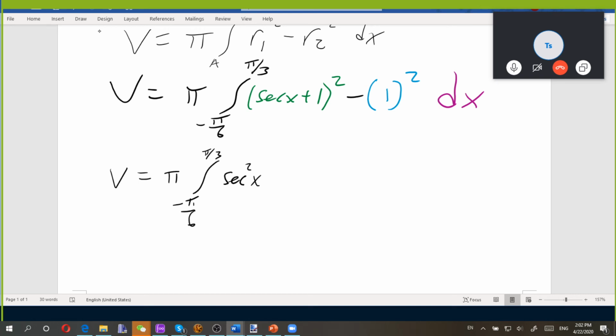So you've got the first part, secant squared x plus... Okay, if I square this, what's going to happen?